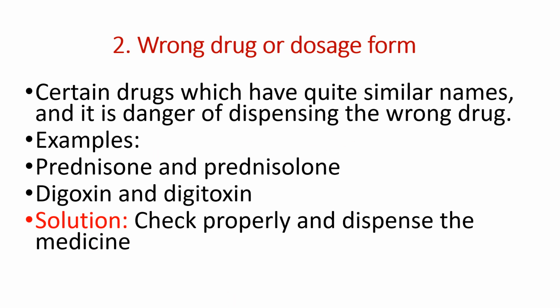Examples are prednisone and prednisolone, where the difference is only in the letters LO. Similarly, digoxin and digitoxin differ only in the letters TOXI. So the pharmacist should check the prescription properly, clearly understand whether it is digoxin or digitoxin, and then dispense accordingly.